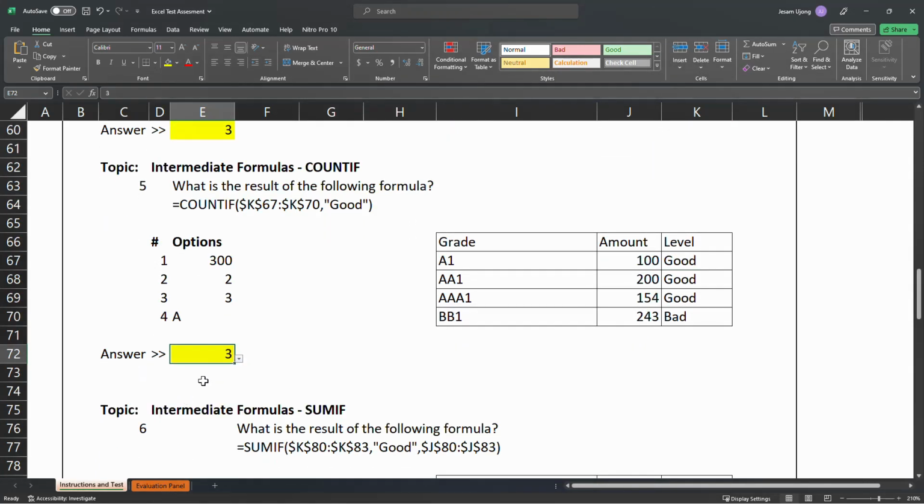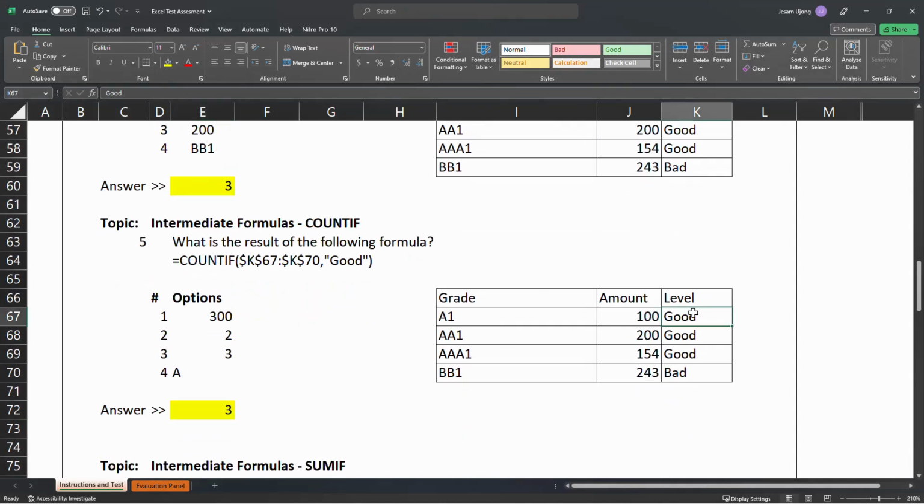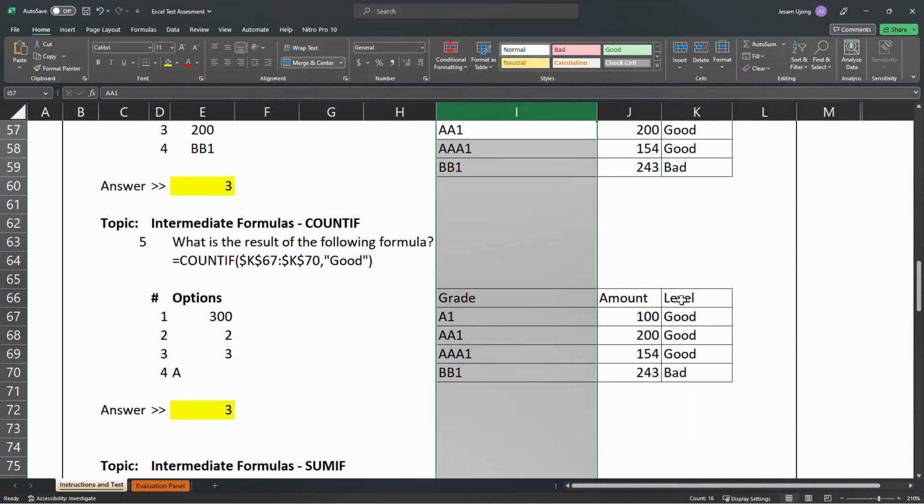Three is good. Benga, you're getting zero. What you should do is ensure your cells are aligned in maybe column K, J, I, or whichever column.